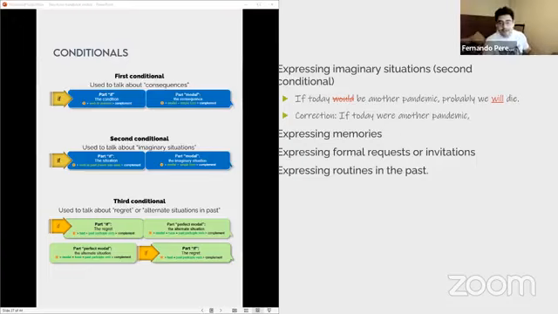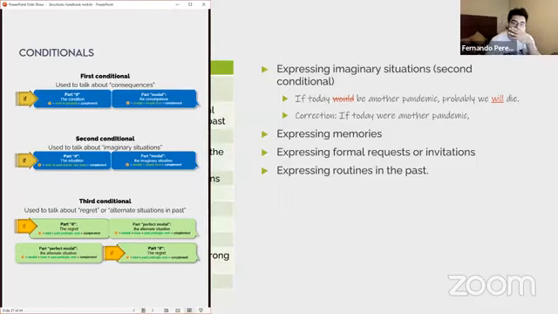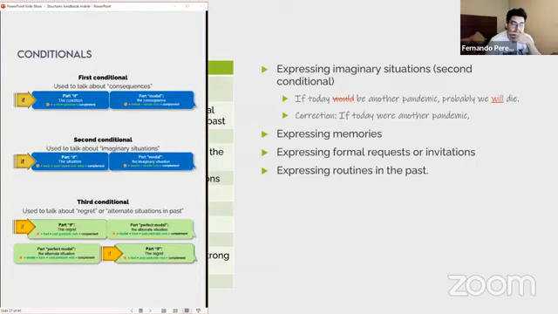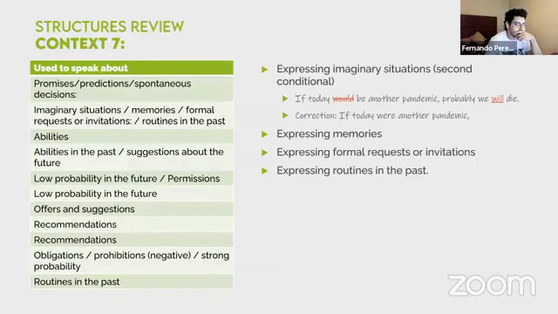Correct. Before we continue, how do you express existence? I repeat, how do you express existence?